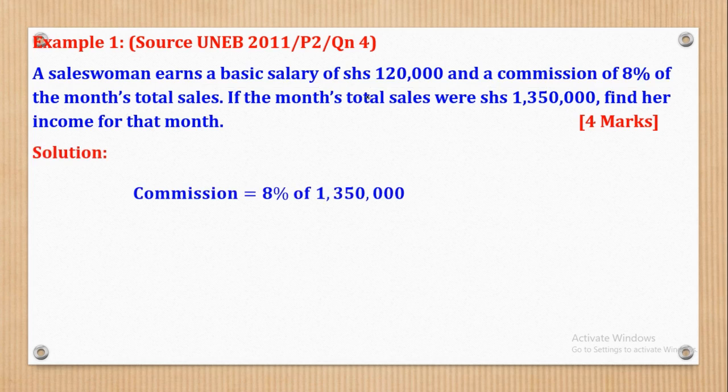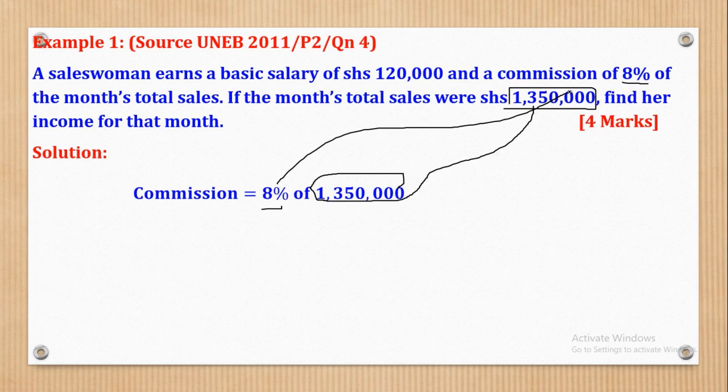First of all, you are going to calculate the commission. They told us that the commission is 8% of the month's total sales. Total sales are 1,350,000 shillings, so that's what we shall put here. This 8% comes from here, and this word of comes from here.